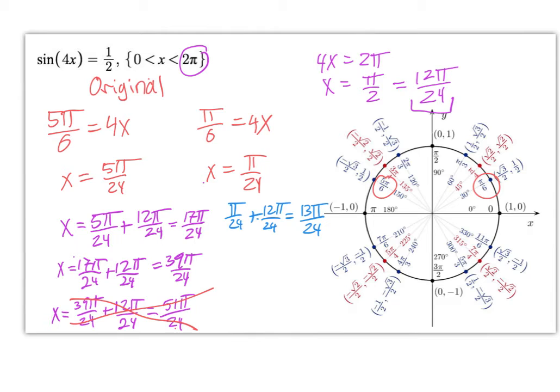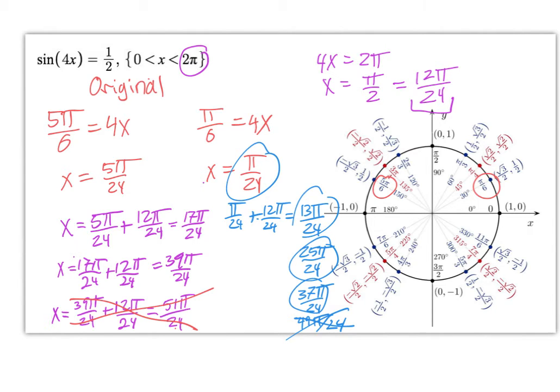That's going to give me, oh man, I'm going to go back and fix the other ones that I added wrong in just a minute. That's going to give me 25 pi over 24, and then I'm going to get to 37 pi over 24. If I tried to do this again, I get 49 pi over 24, which does not work. So we've got 4 answers on the blue side. I'm going to go back and fix my purple side because I really messed that one up.